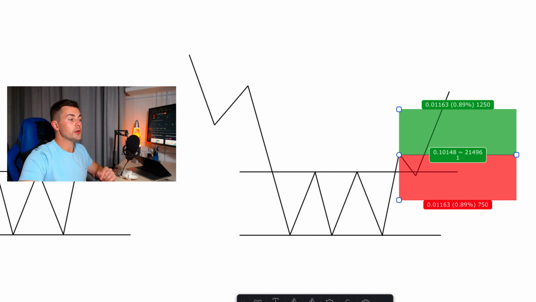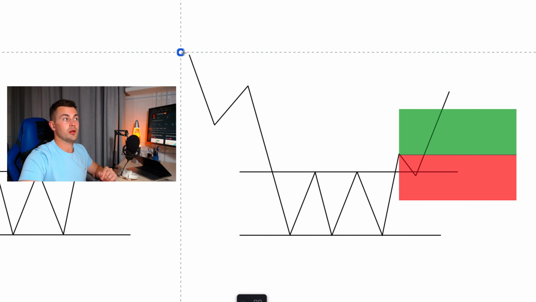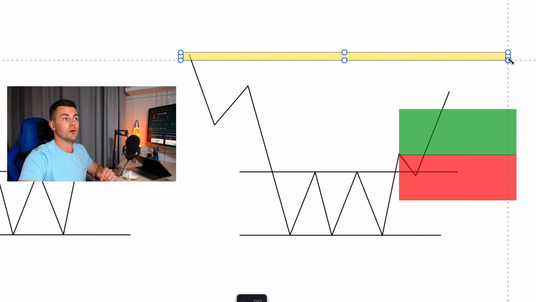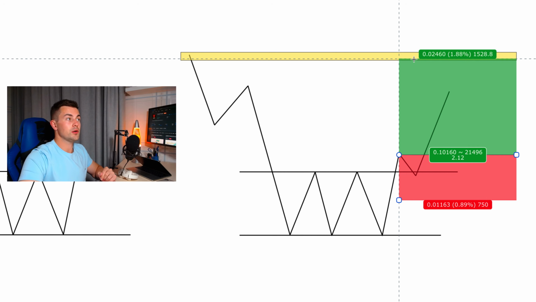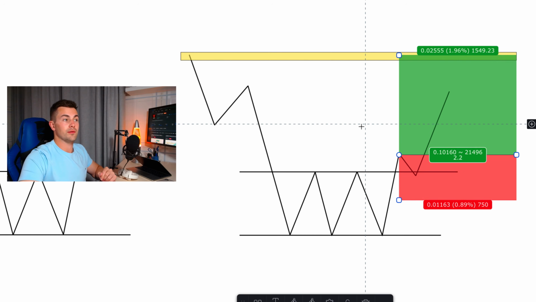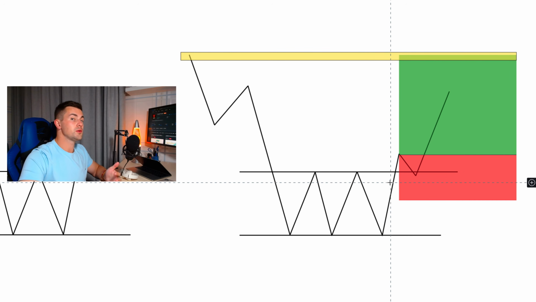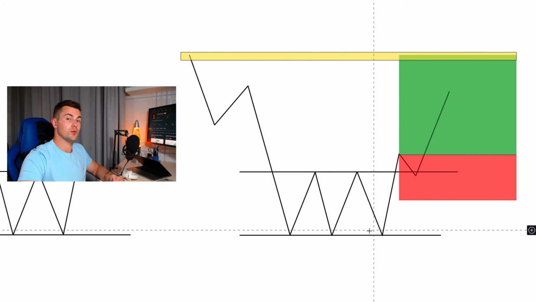First of all, where will be your take profit? Your take profit will be this local structure high from where this bearish wave initiated. So here will be your take profit level. Then where will be your safe stop? As we know, the safest stop is always below the lows of a triple bottom.